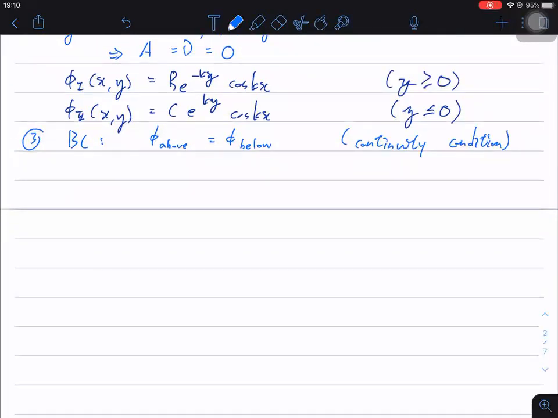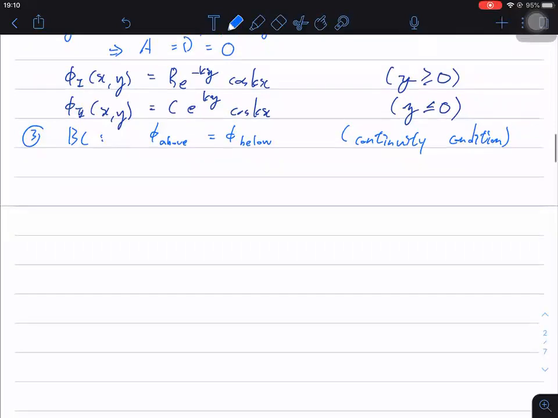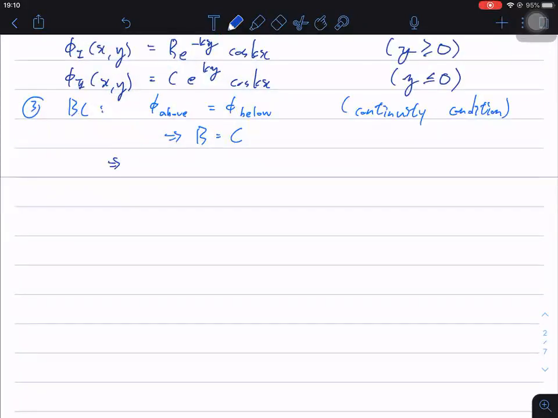And what it does is clearly putting B equal to C. So now combining all the results, we only have one coefficient left. Let's put it as phi naught.